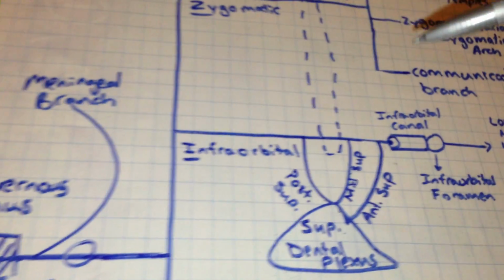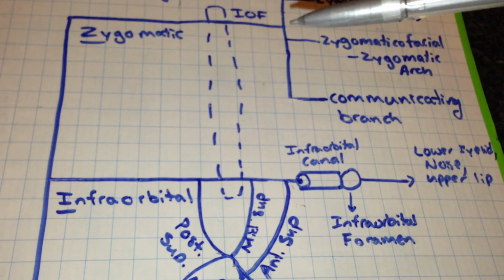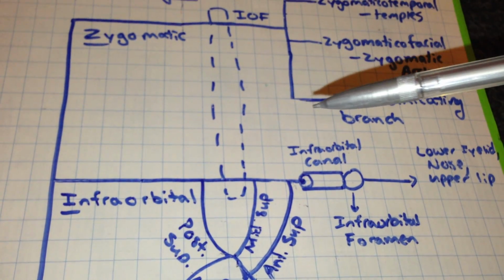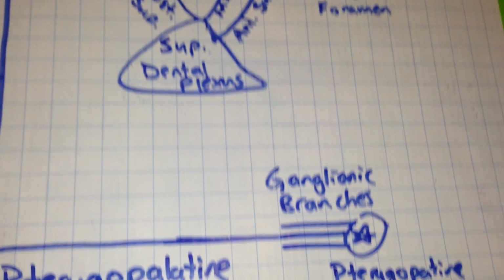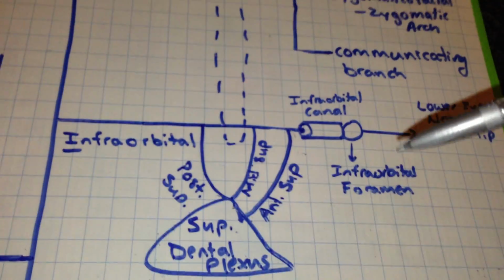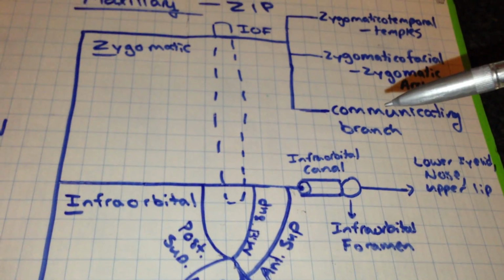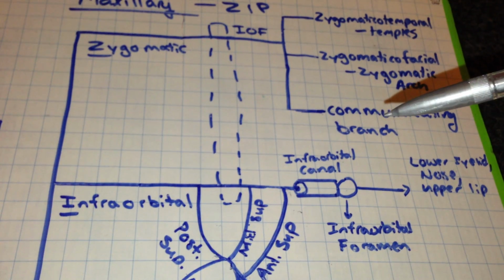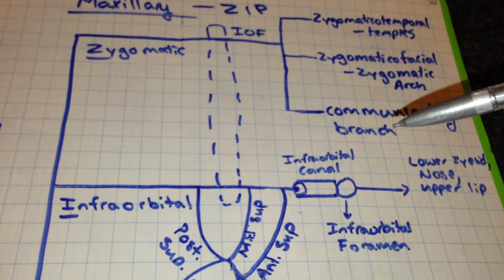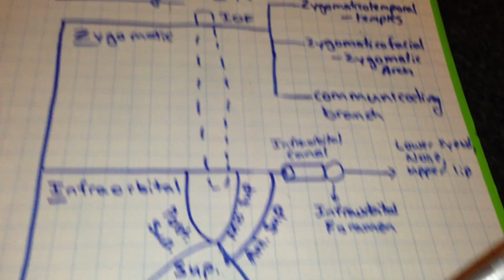And then the zygomatic nerve's job is to give these parasympathetic fibers that have come from the pterygopalatine ganglion to the lacrimal nerve that will go to the lacrimal gland. So that's why it's important.